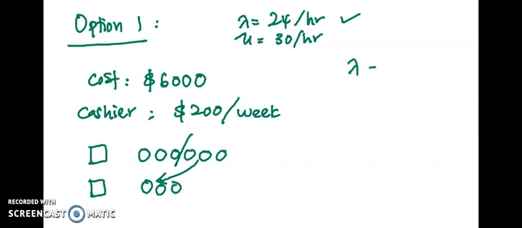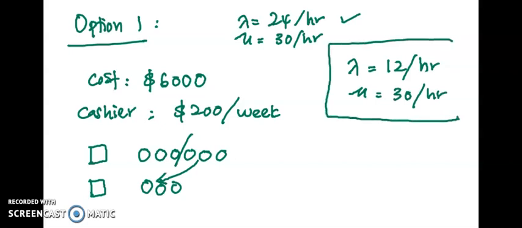Our new lambda will be half of the original lambda, so it will be 12 per hour. But the service rate remains the same. One cashier can serve 30 customers in 1 hour. So lambda equals 12 and mu equals 30.